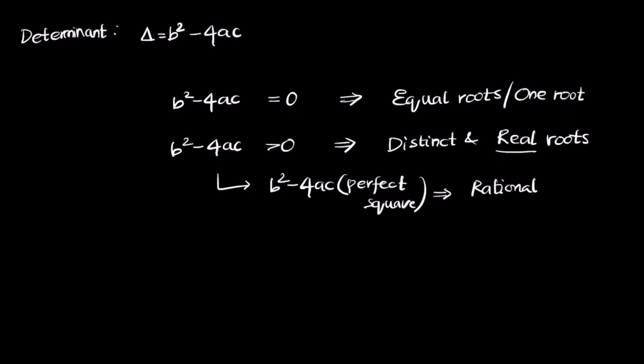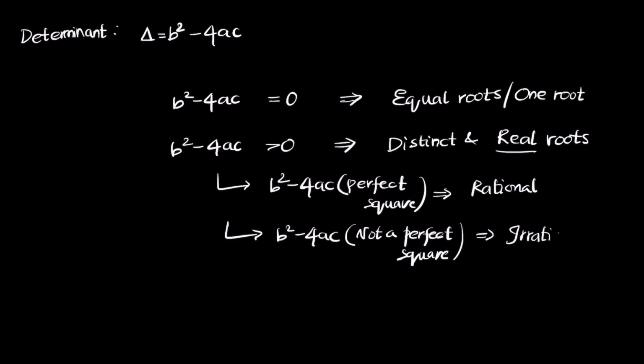If this b squared minus 4ac is not a perfect square, then the roots are irrational.